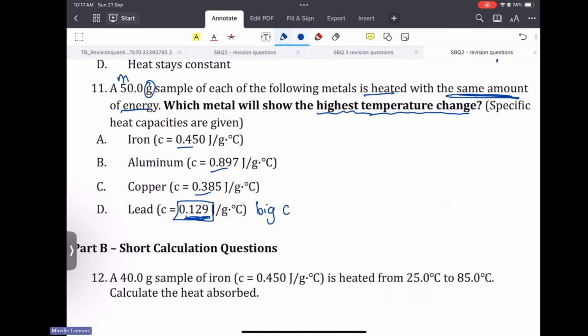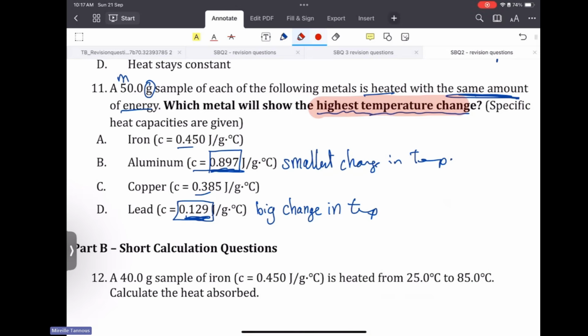So this one will get a big change in temperature, while the one that has the largest amount of specific heat will have the smallest change in temperature. So here we are looking for the highest change in temperature. I'll take this one. If the question was which metal shows the lowest temperature change, your answer will be B.